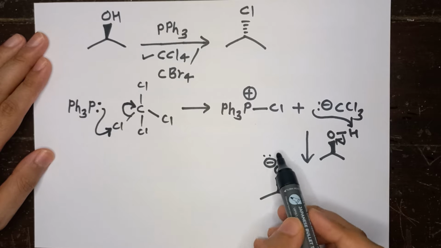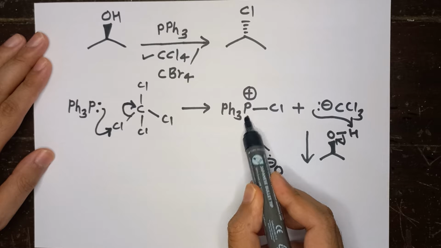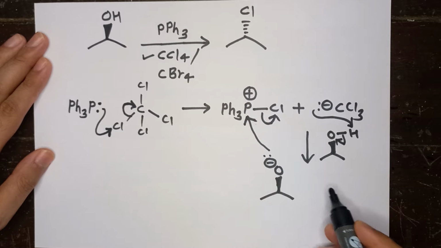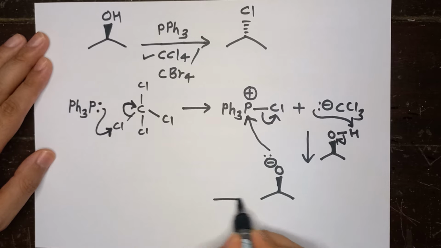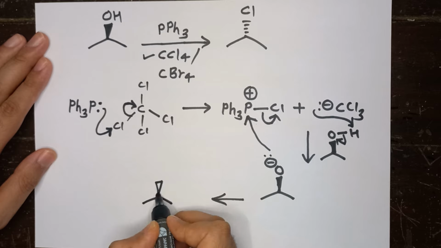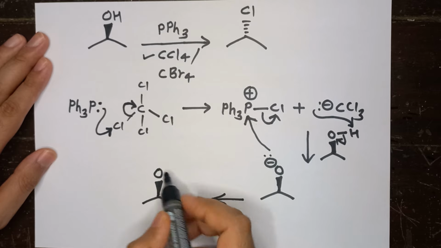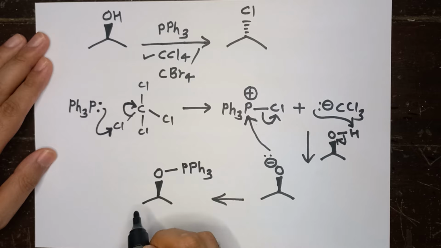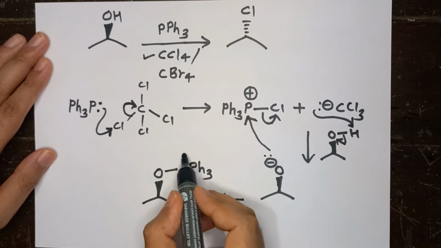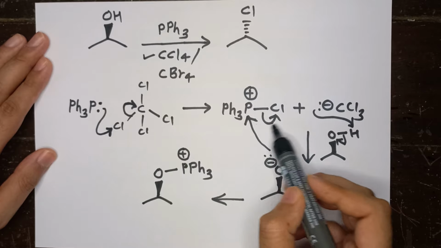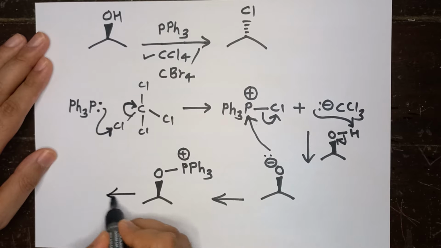So this oxygen with its lone pair will form a bond with this phosphorus and this chloride ion is going to leave. So we will generate oxygen bonded to PPh3. Phosphorus is again forming 4 bonds, so we'll get a positive charge. Now we have just removed the chloride anion that will come back.